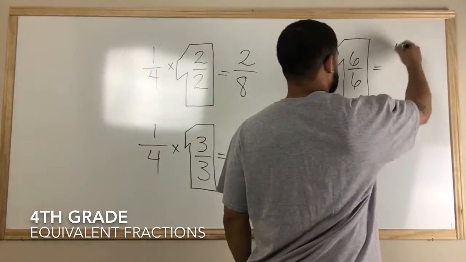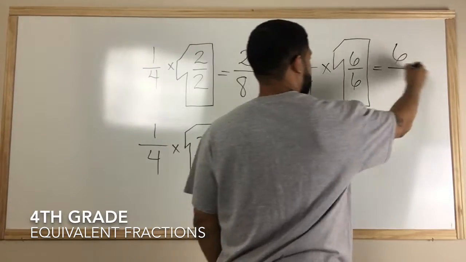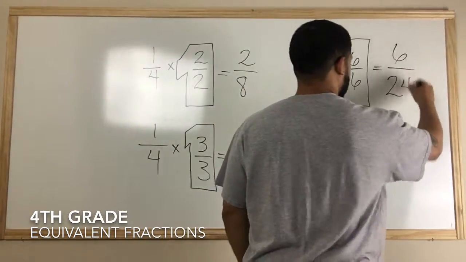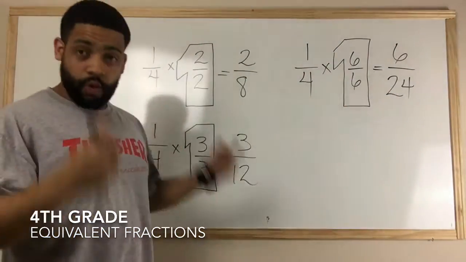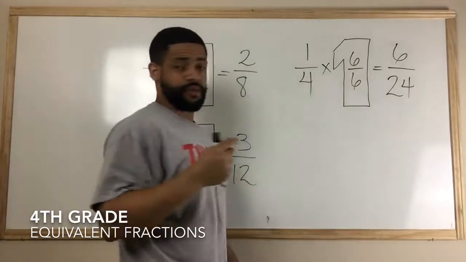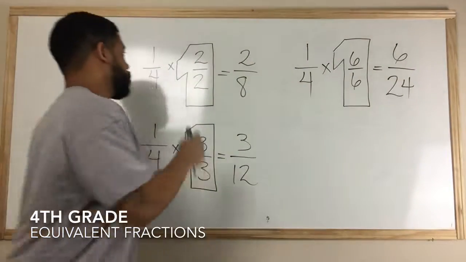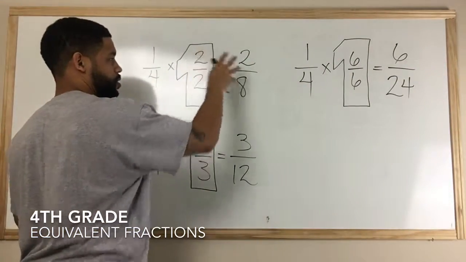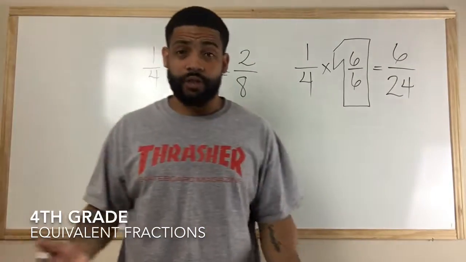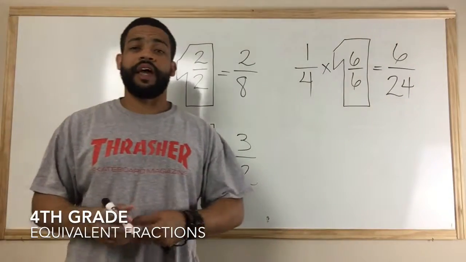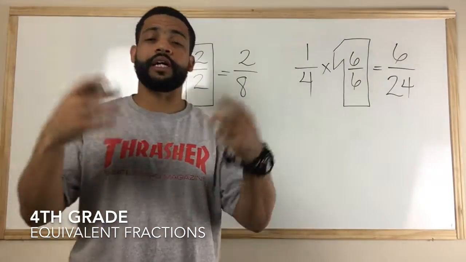We will get 1 times 6 is 6. 4 times 6 is 24. Guess what? That is another example of equivalent fractions. So 1/4 is equivalent to 6/24. 1/4 is equivalent to 2/8. 1/4 is equivalent to 3/12. And there's several other examples that we can use that have an equivalence or an equal value.